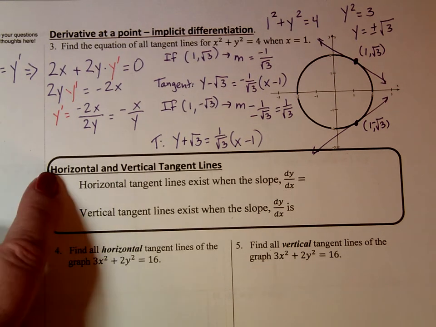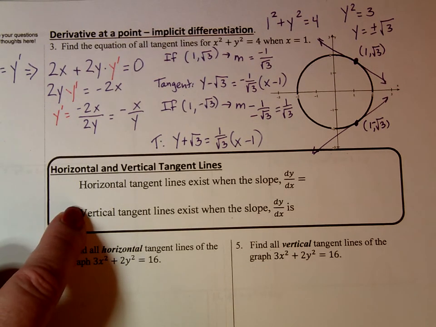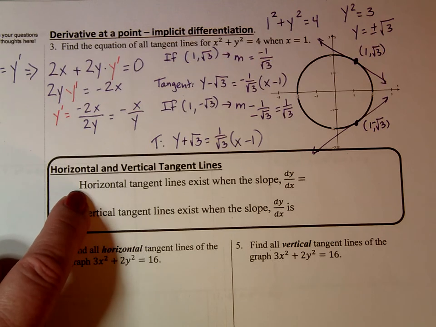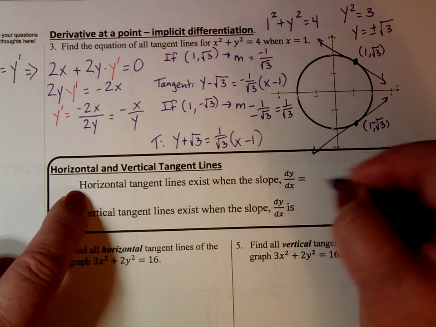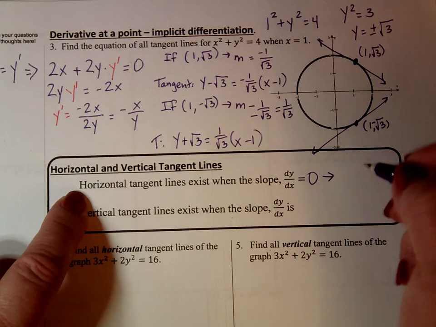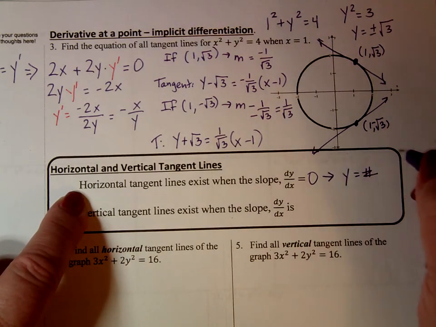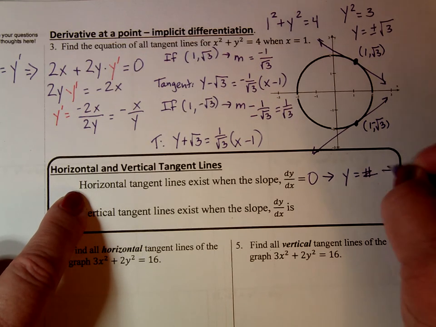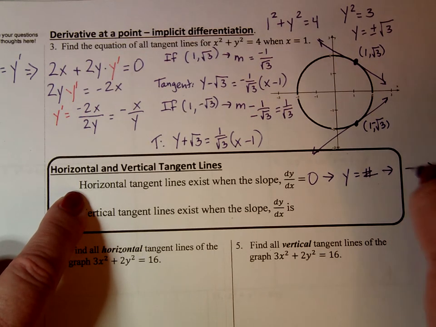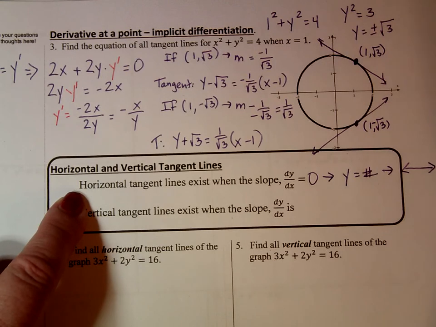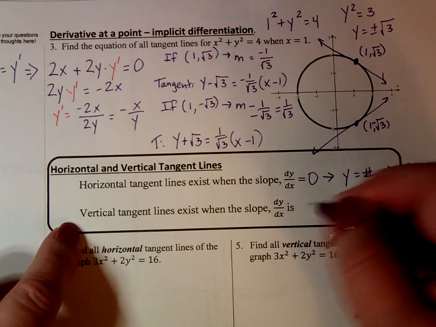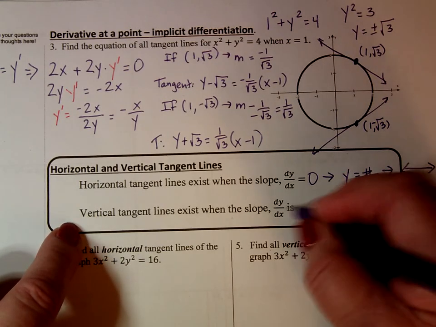Horizontal and vertical tangent lines exist. Horizontals are when the slope equals 0, and that's always going to result in y equals some number, which is always going to be a horizontal line, right? And verticals are when the slope is undefined.